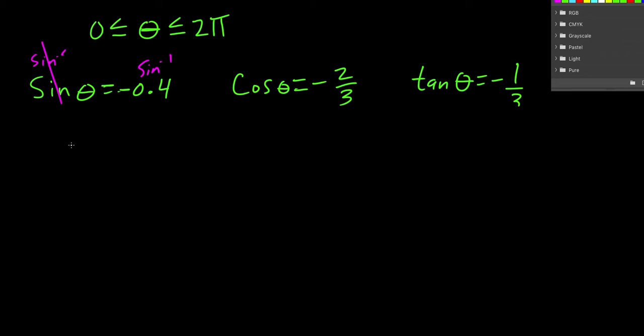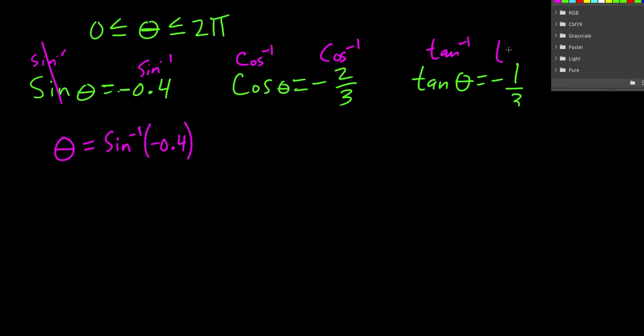And so those cancel. Theta is equal to inverse sine, inverse cosine, inverse tangent. Alright, cross that out.